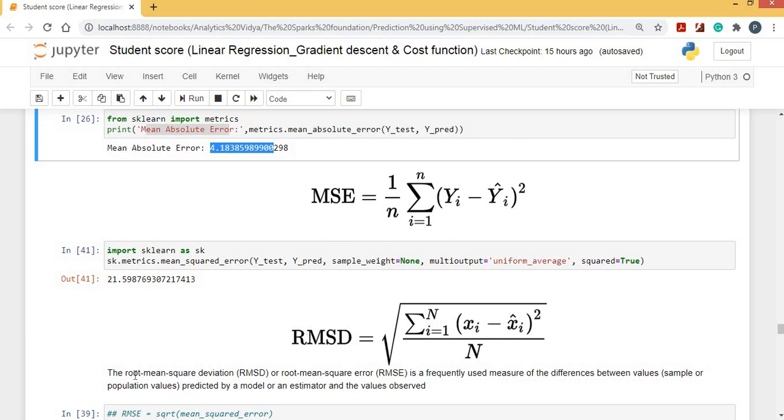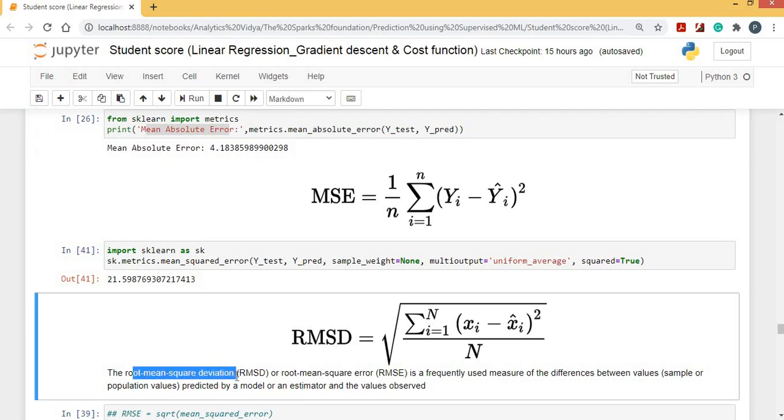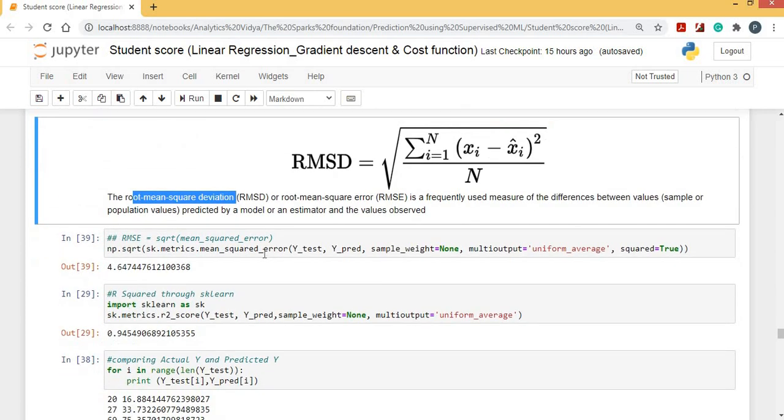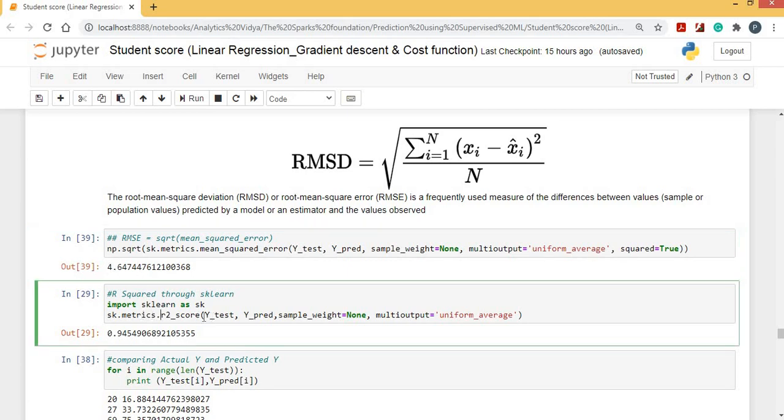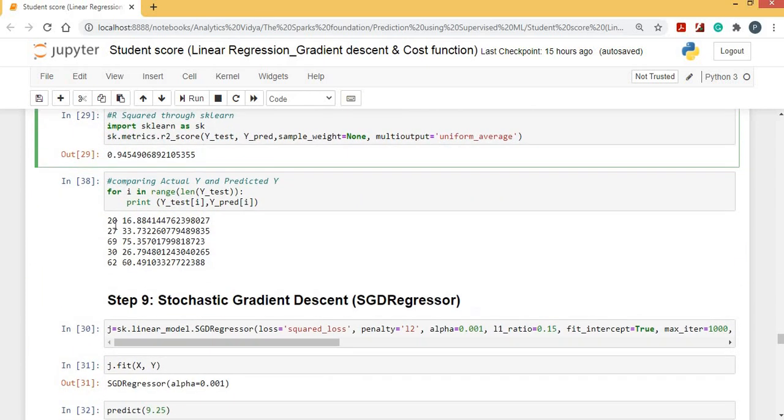It is also called root mean square deviation. The root mean square deviation is 4.6. Again through sklearn we can find the R square value, which is around 94.5. And as I said, there will be 5 values in the y test. So these are the actual values and these are the predicted values.